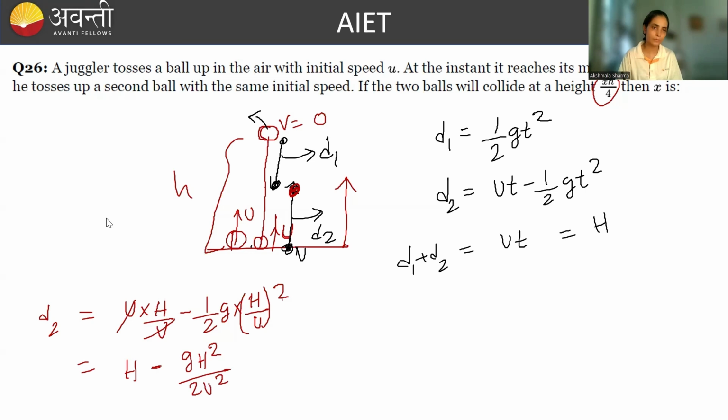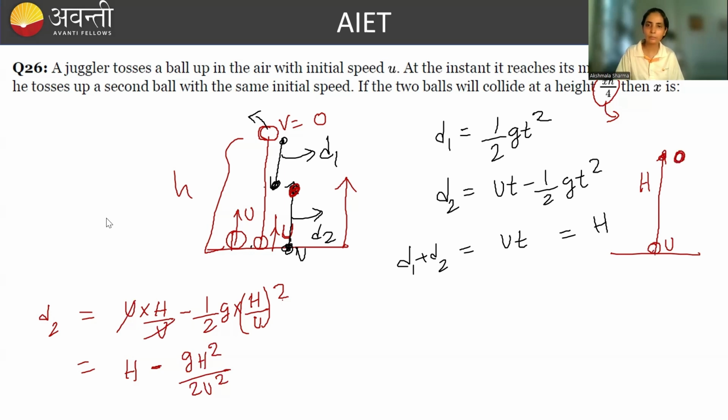Now this is a problem because here u is not in our answer, right? So how are u and h related? Maximum height reached is given in the question, that is h, and the speed of projection is u. So if you see here, this is getting projected with initial speed u and it is able to reach height h. So u and h can be related from here to here.